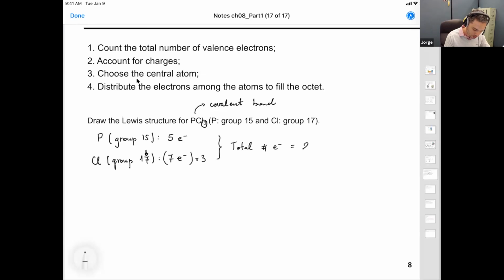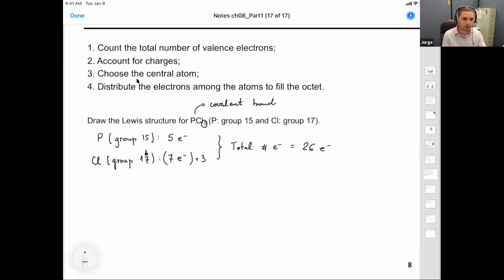That's going to be 26 electrons. Okay, so we have to distribute 26 electrons among 1 phosphorus and 3 chlorines to achieve stability for everybody.